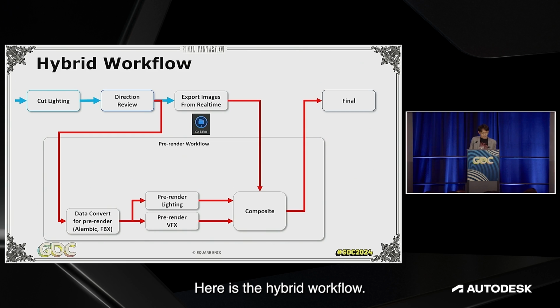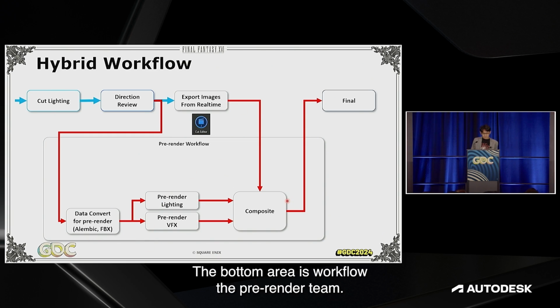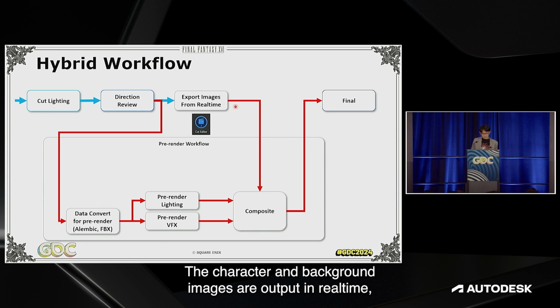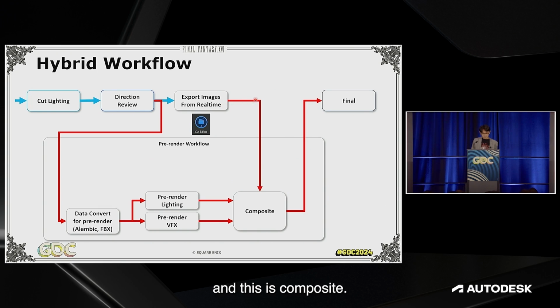Here is the hybrid workflow. The bottom area is the workflow of the pre-render team. Once the cut scene is finalized using the real-time production methods, the data is passed to the pre-render team. The character and background images are output in real time, and used in the composite.